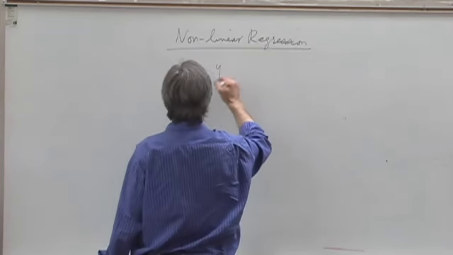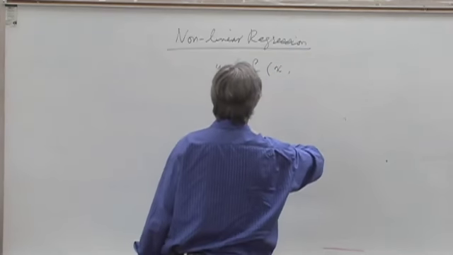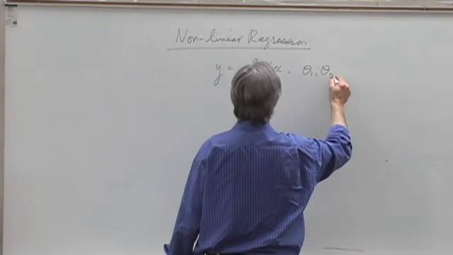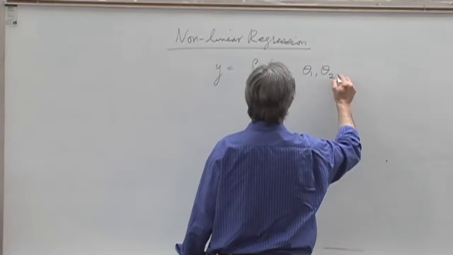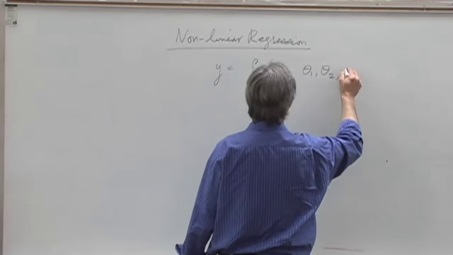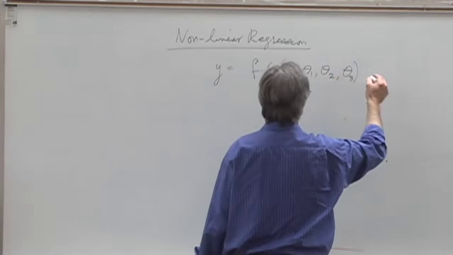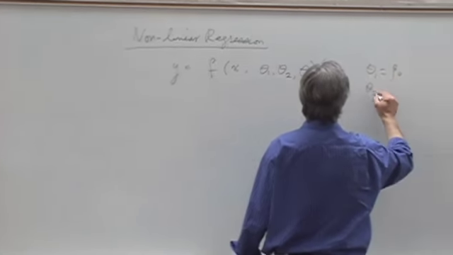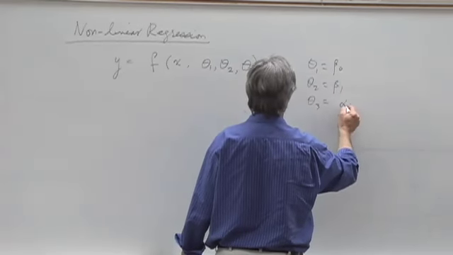Then you have y as some function of x and some parameters. Let's just call them theta 1, theta 2, and maybe some more, maybe theta 3. In our case for the windmill data, theta 1 was equal to beta 0, theta 2 was equal to beta 1, and theta 3 was equal to alpha.